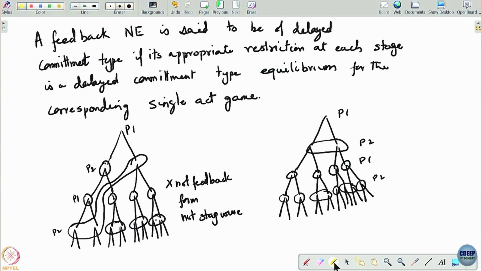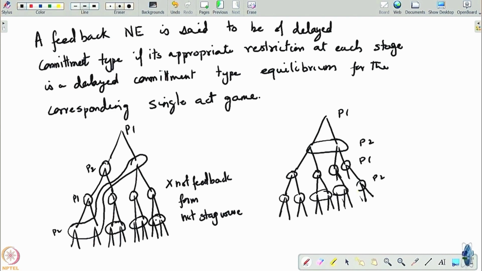Now is this okay? So this is stage wise, but it is not in feedback form, and that's because of this information set that I drew, which is going across two nodes which are in two different subtrees. So this is not allowed. So you can't do this. This is not in feedback form.